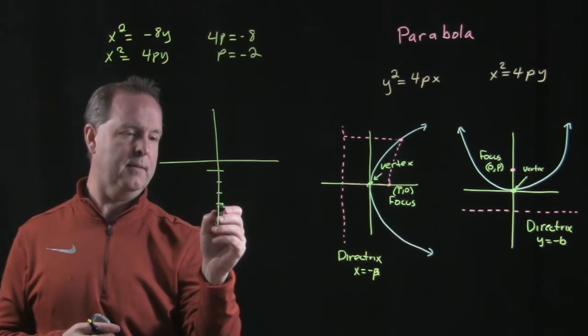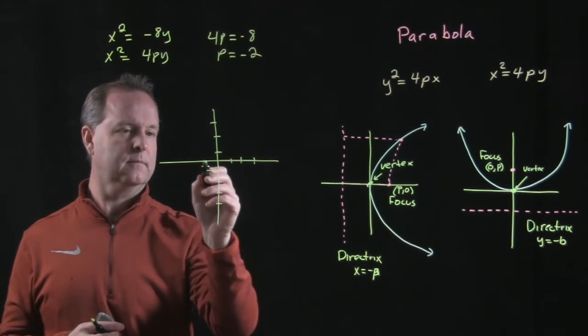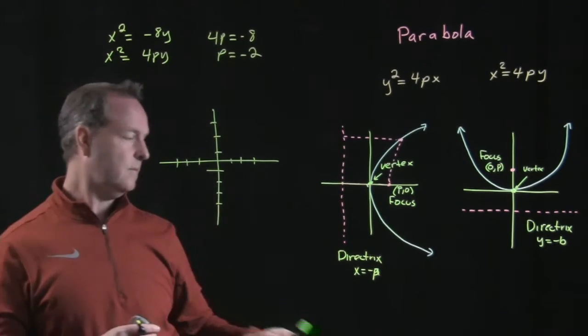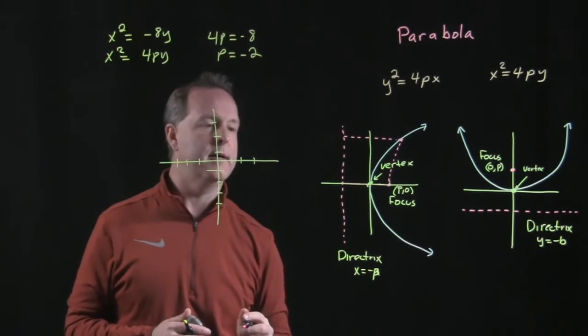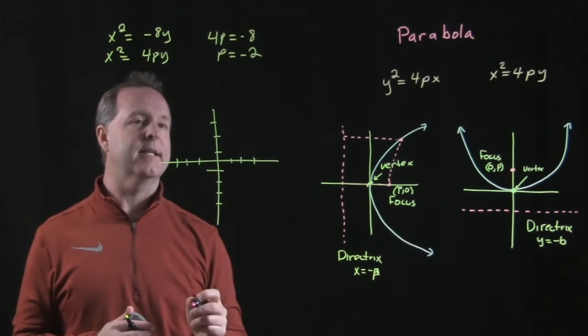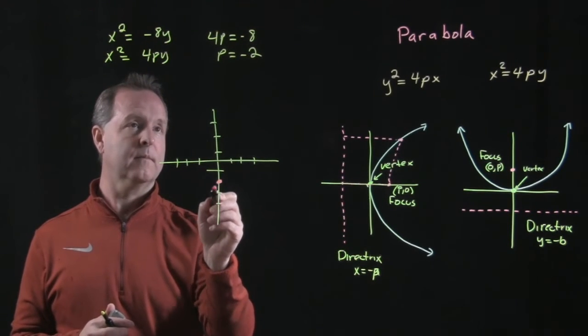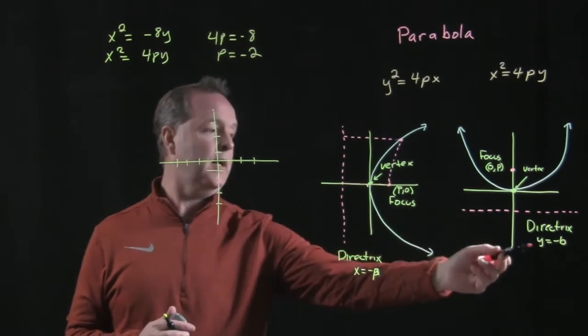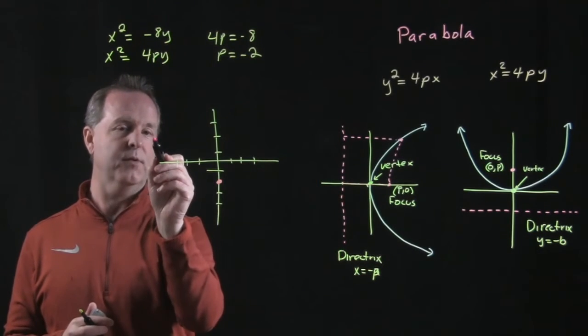We know that we have a focus at negative 2. My directrix then is the line y equals negative p, so that'd be the line y equals 2.